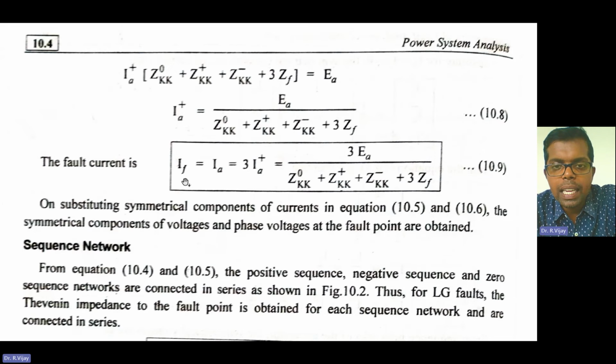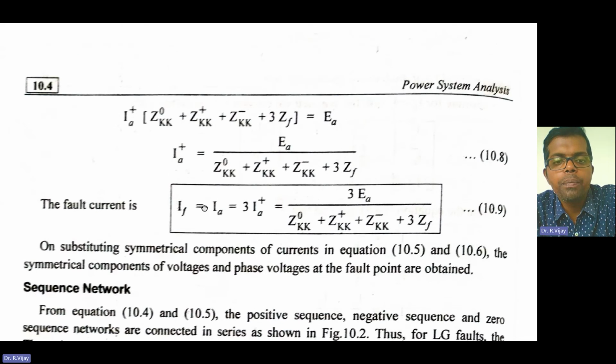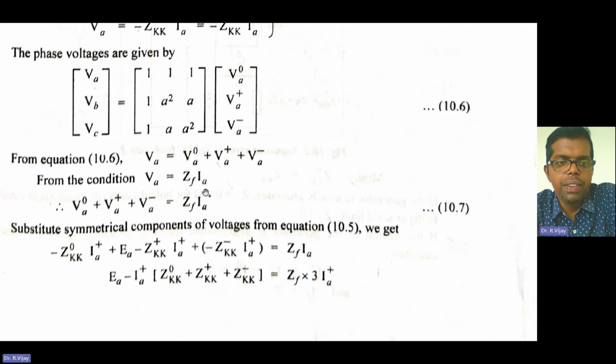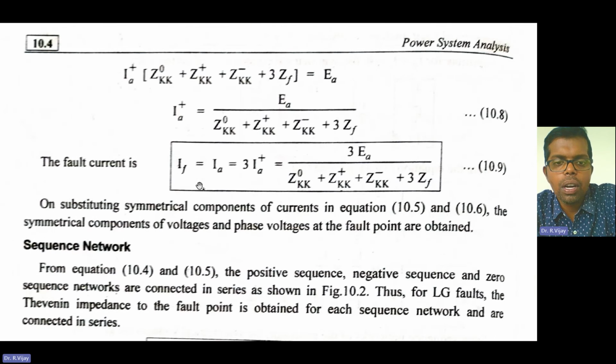Similarly, if you substitute all these current components in that equation, we can easily find the fault voltage VA, that is VA is equal to ZF into IA. That is the fault voltage, which can also be obtained at a particular phase.